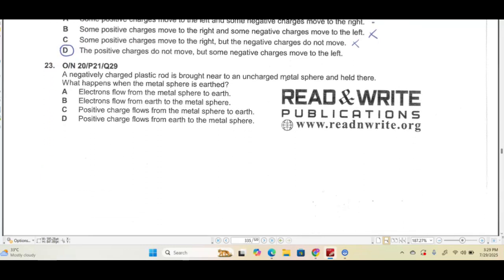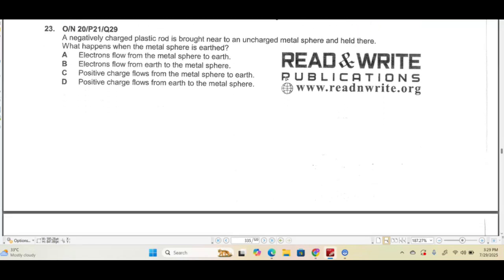Question number 23. A negatively charged plastic rod is brought near to an uncharged metal sphere and held there. What happens when the metal sphere is earthed? अच्छा जी, एक आपका metal sphere है which was uncharged. ठीक है, ये एक स्टैंड पर ऑब्वियसली होगा या किसी नायलॉन थ्रेड पर लटका होगा.